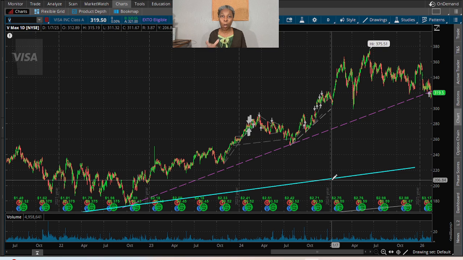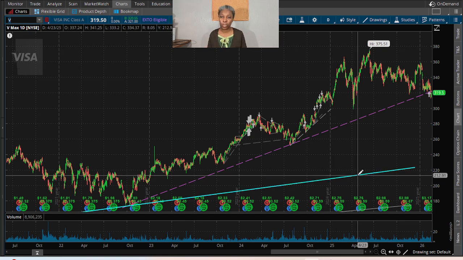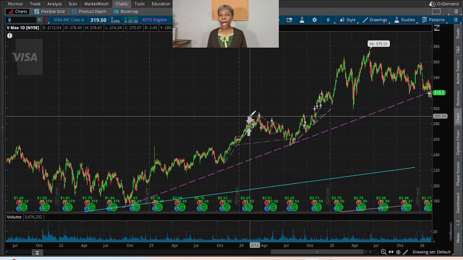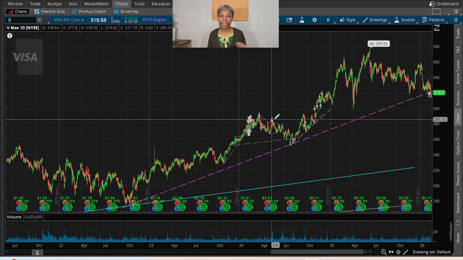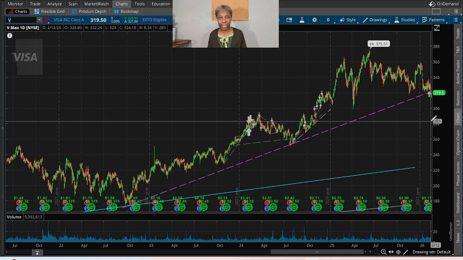That is where I want to buy the stock. So I don't really pay attention to the resistance line, but depending on how you are tracing your support line, your resistance line can become, the past resistance line can become a present support line.